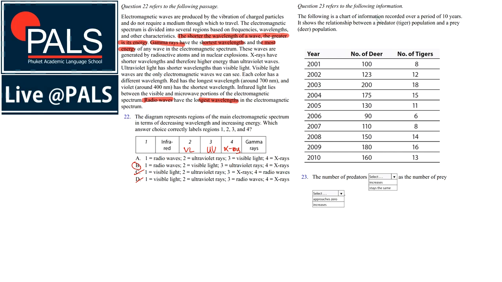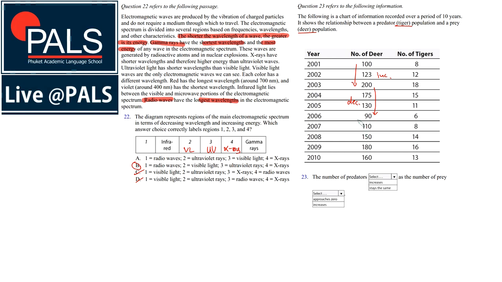The following is a chart of information recorded over a period of 10 years. It shows the relationship between a predator, a tiger population, and a prey, a deer population. So from 2001 to 2010, the numbers of deer from here to here have increased. Then from here to here, they have decreased.